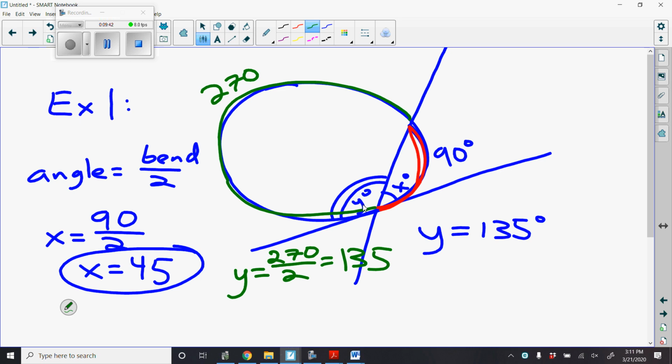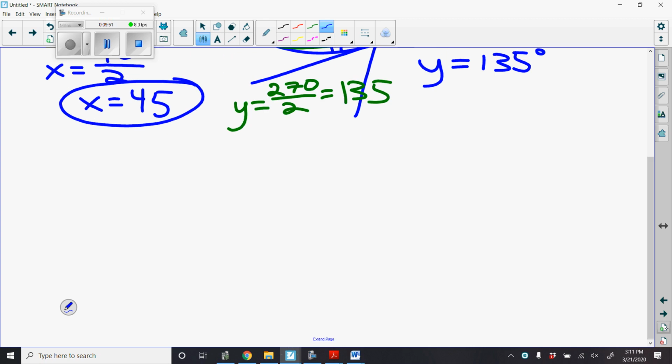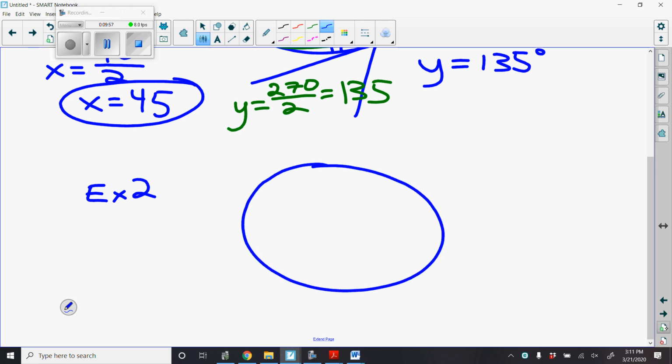Okay. Let me show you one more example and we'll be done. Let's say that this angle right here is 30 degrees.